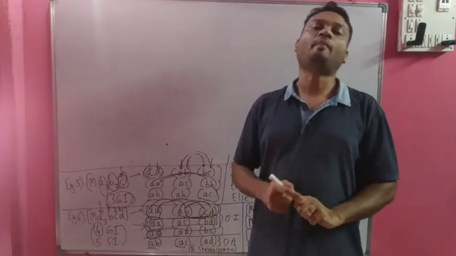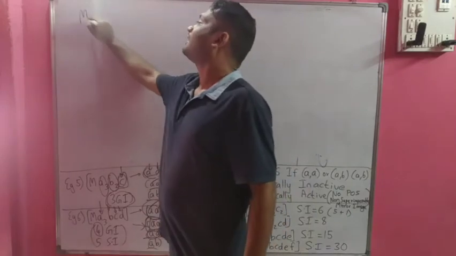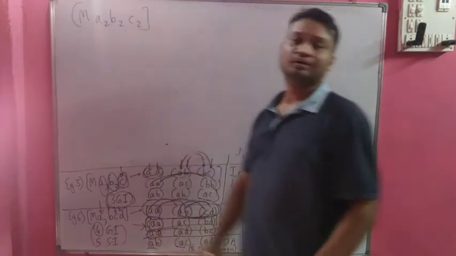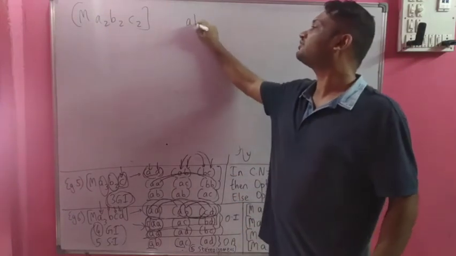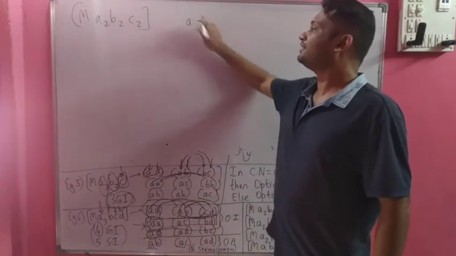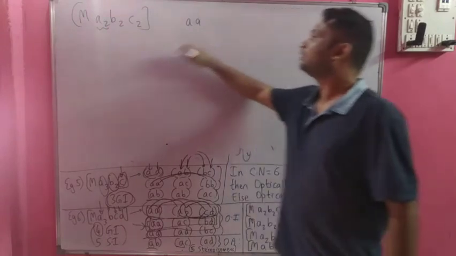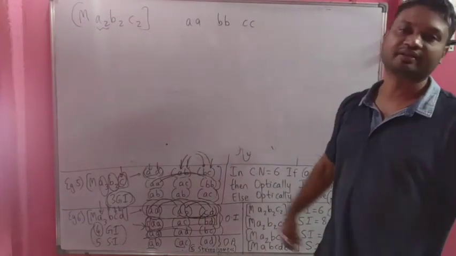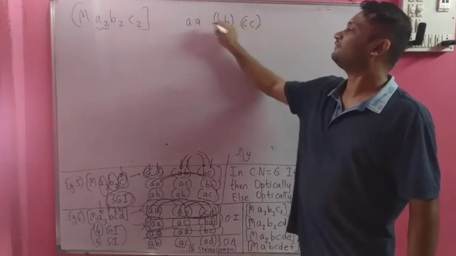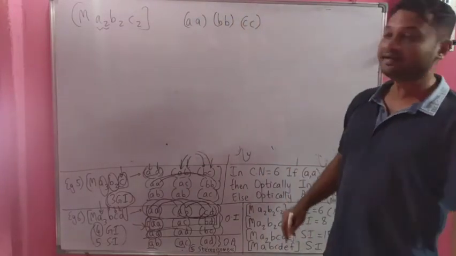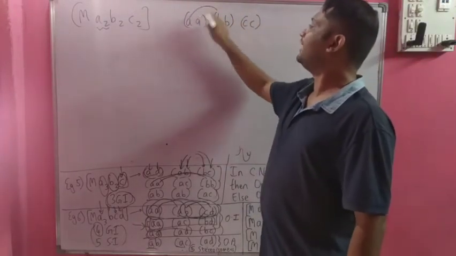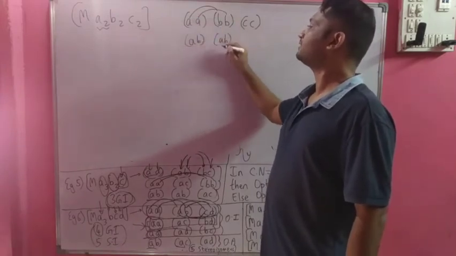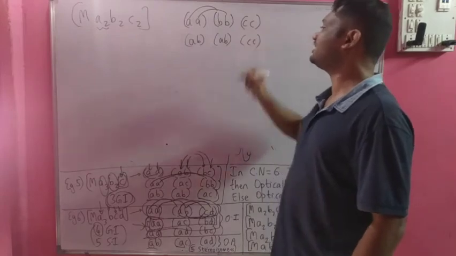The number of geometrical isomers for MA2B2C2. So the first obvious combination which we'll get is two A's together, A2, two B's together, B2, and two C's together. So this is one set which is possible. Then let us combine the first and the second set. So AB, AB, and we will have CC as it is.